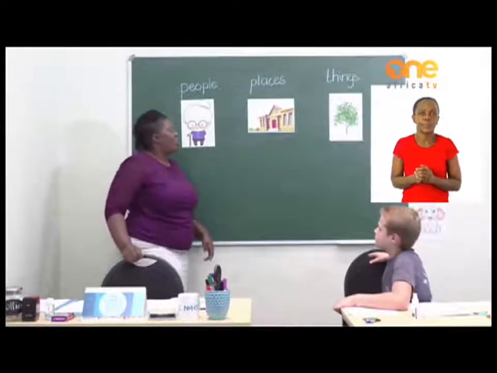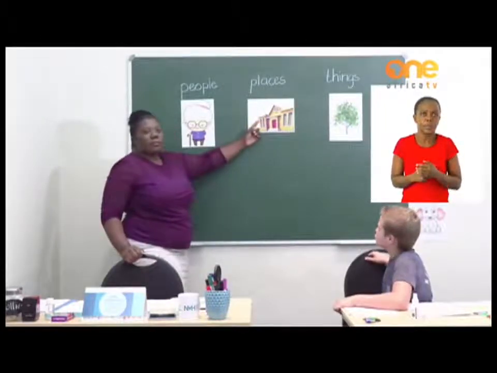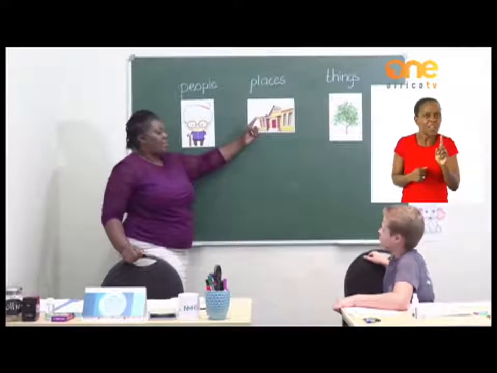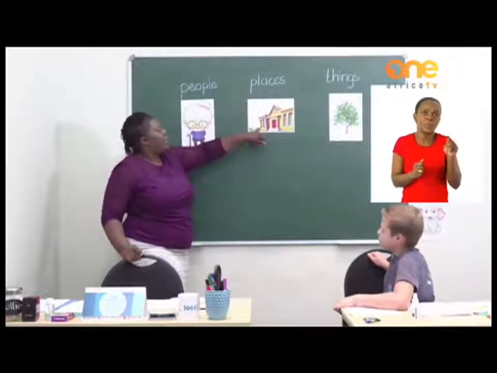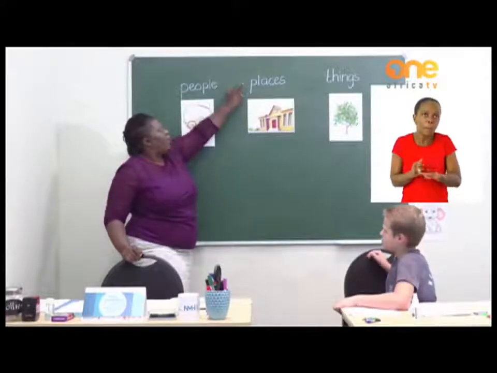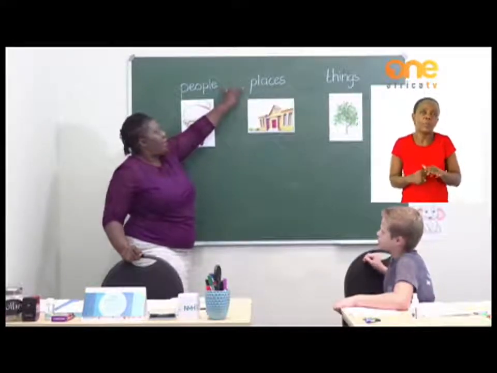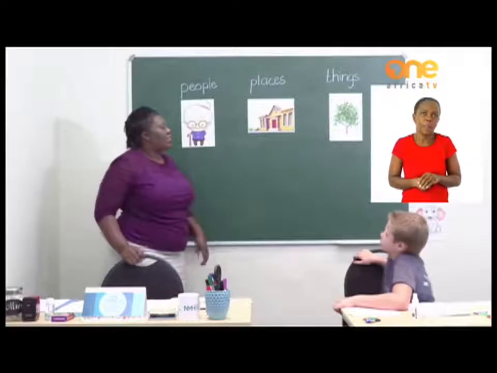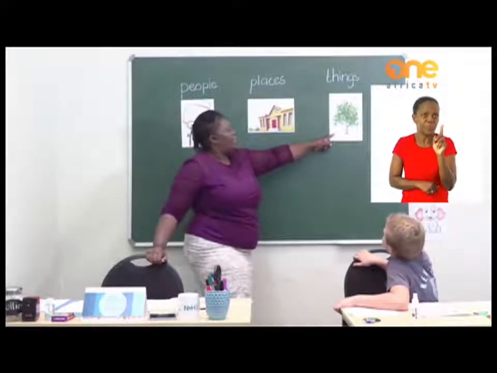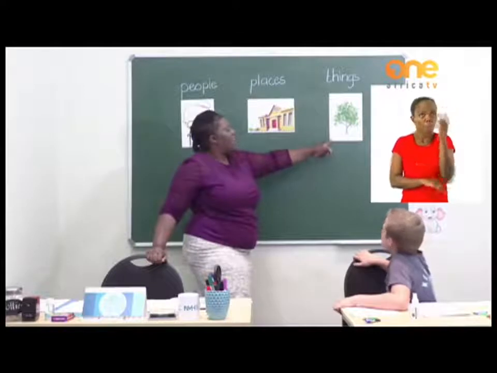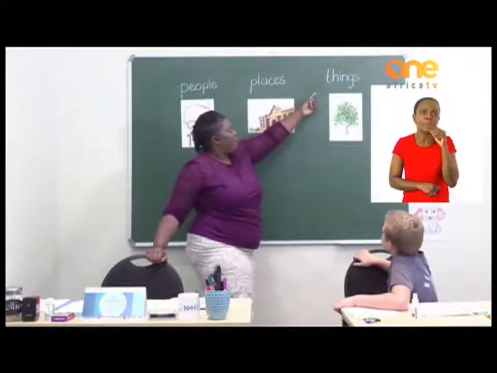The next picture is a school. Yes, it is a school. Well done. This is an example of a noun name for places. What is the next picture? It's a tree. It is a name of something.